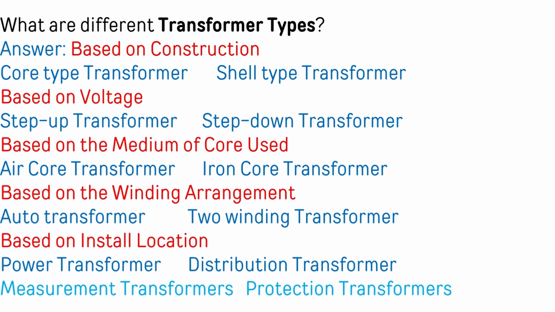Based on the winding arrangement, auto transformer or two winding transformer. Based on the install location, there are power transformer, distribution transformer, measurement transformer, and protection transformer. Based on the supply, there are single phase transformer or three phase transformer.